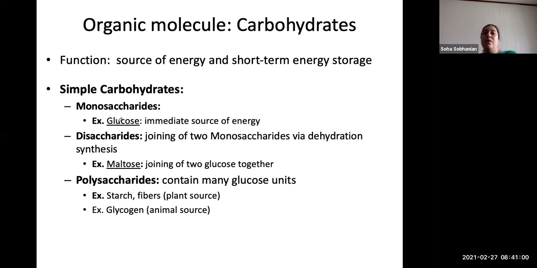So when you're thinking about source of energy for your body, you don't go to lipids, you don't go to proteins for it. You go directly to glucose, and glucose is what your body taps into to function, right? And hence, if somebody is diabetic and that glucose balance is off, they're going to have major health issues.